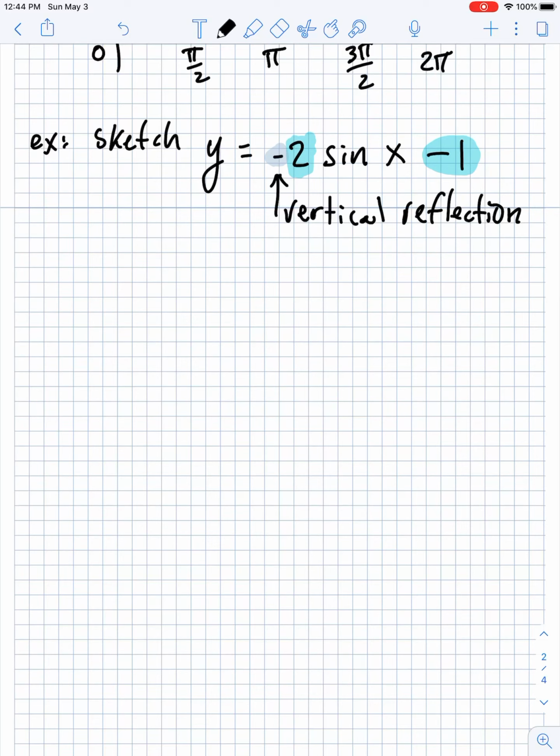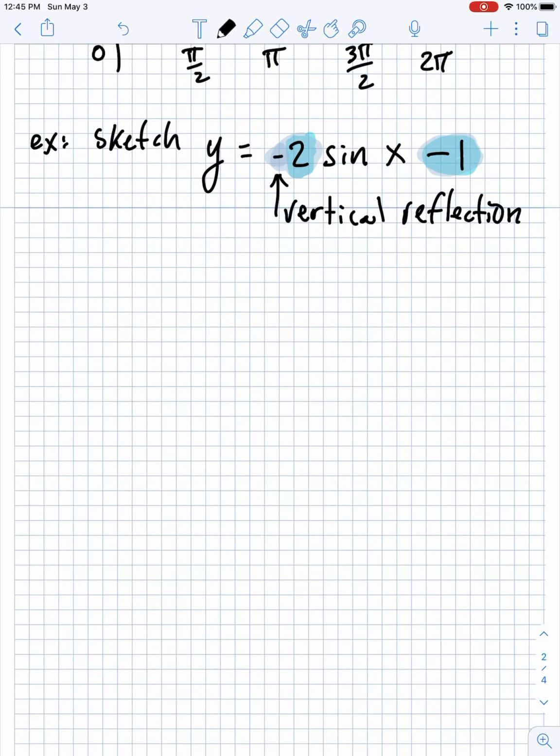All right, training wheels time. Once again, the center line is -1, and it goes up 2, down 2 from that. So up 2 from -1 would be +1, and down 2 would be -3. So I know it's going to oscillate between, what did I just say? +1 and -3.